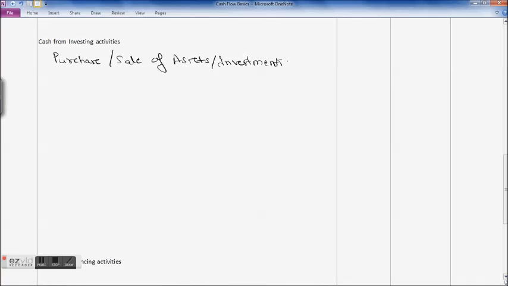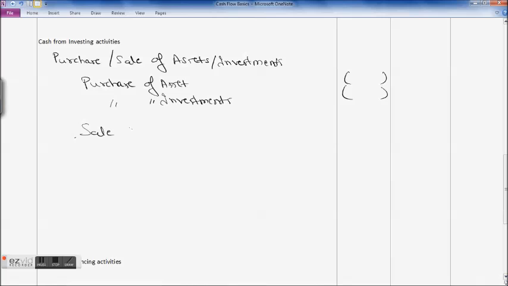So whenever there is a purchase of an asset or investment, there is an outflow of cash, so you have to reduce it.